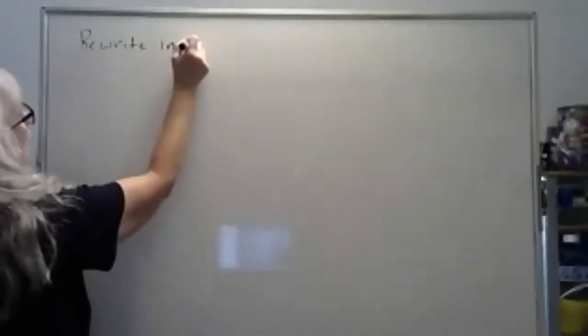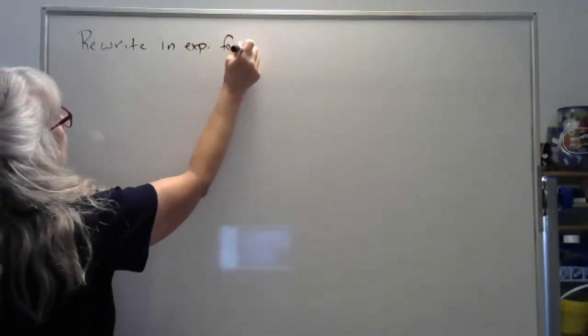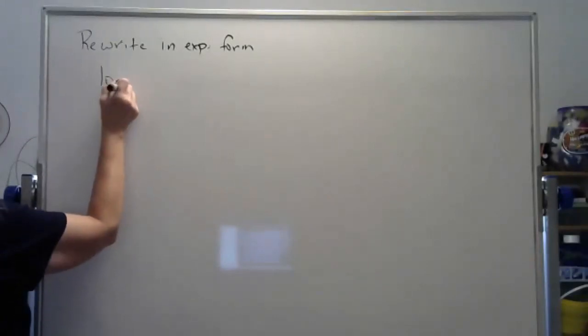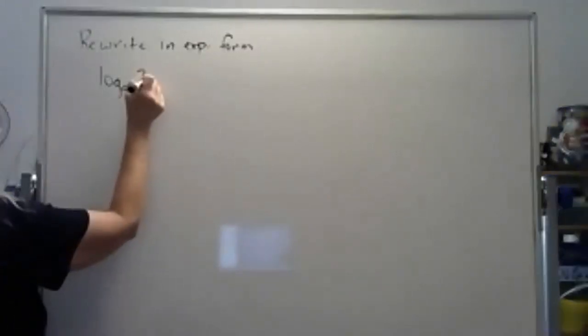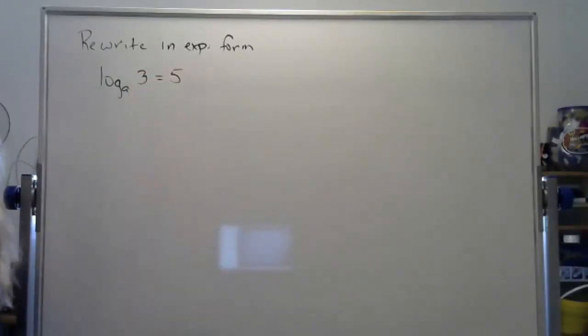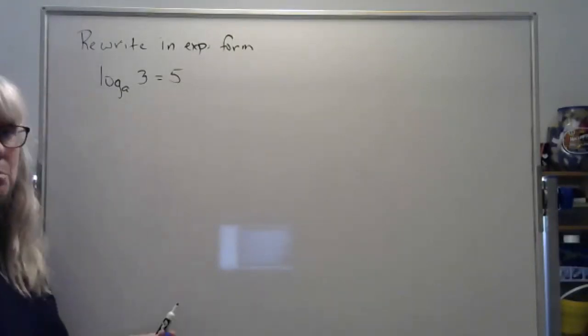So now we're going to rewrite in exponential form. So let's say we have log base A of 3 is equal to 5. So you're doing the same exact thing. You identify the base.